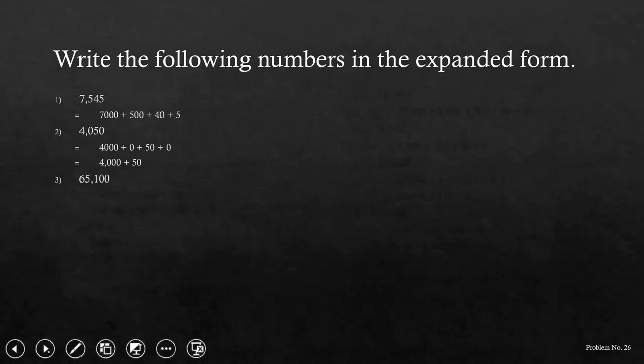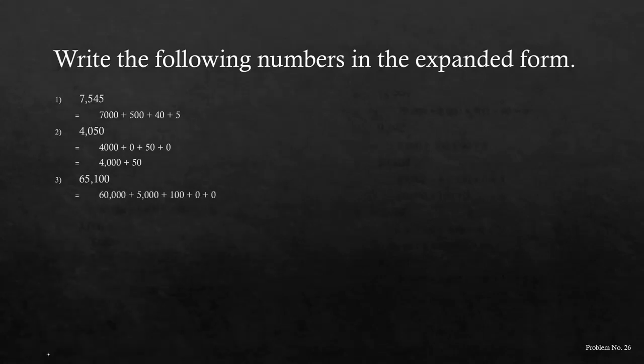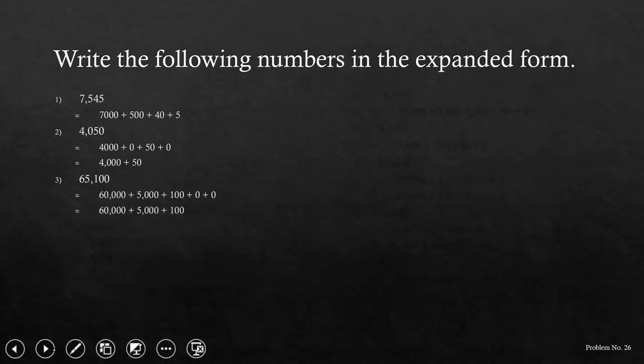Next number, 65,100. The place value of 6 is 60,000, the place value of 5 is 5,000, the place value of 1 is 100, and then 0 and 0. The place values of both the zeros are always 0. So 65,100 we can rewrite as 60,000 plus 5,000 plus 100 plus 0 plus 0, and by skipping zeros, that is 60,000 plus 5,000 plus 100.